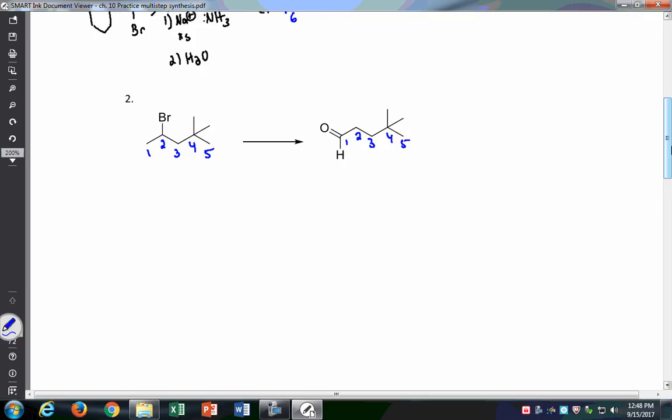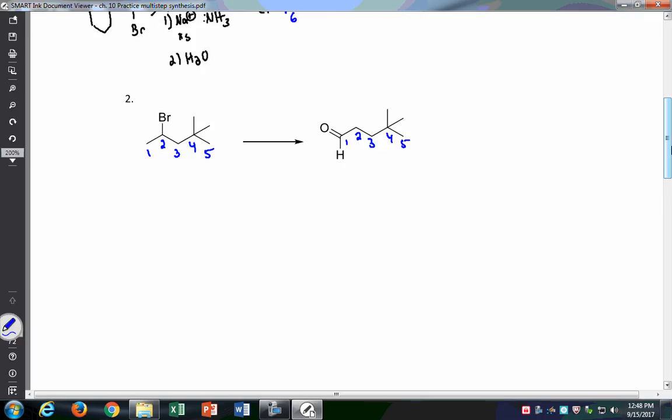But as of now, we've only really talked about 2 ways. So we can do hydration of a triple bond, and of course our intermediate is that enol, but we're going to isolate the ketone or the aldehyde, depending on which carbon it adds on, Markovnikov or anti-Markovnikov.